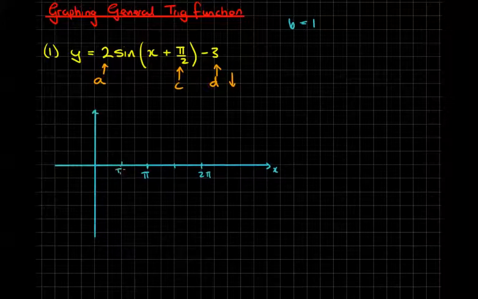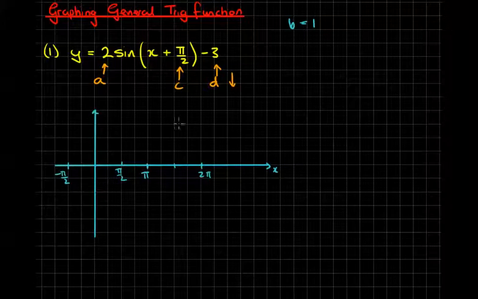Actually, I'm going to rub these out because they're too big. That's 3 pi over 2, and let's include one more, minus pi over 2.